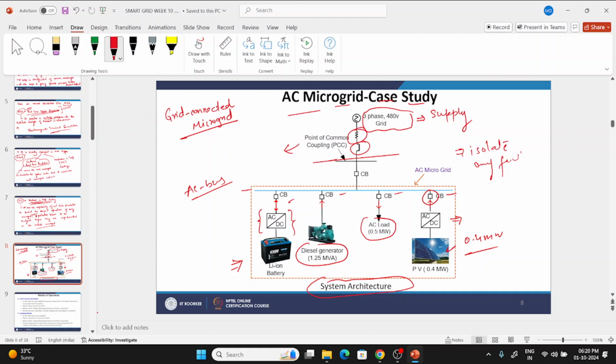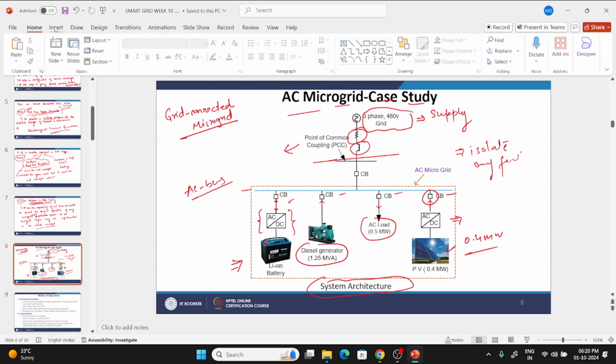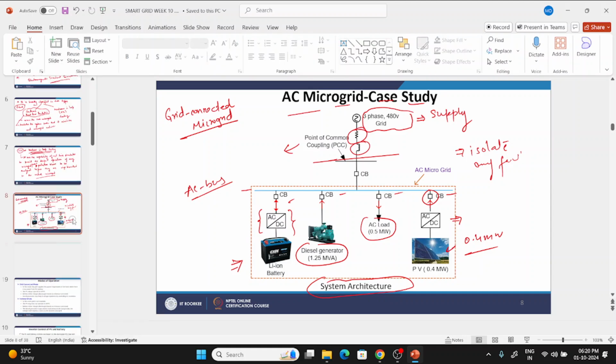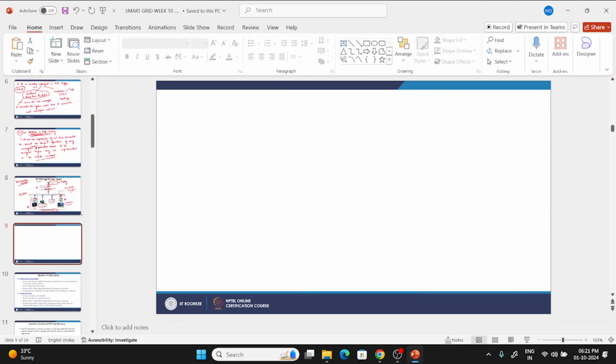Okay, so the aim is the operation of this microgrid. There will be different modes of operation, which I have just told you about. One is grid connected mode.